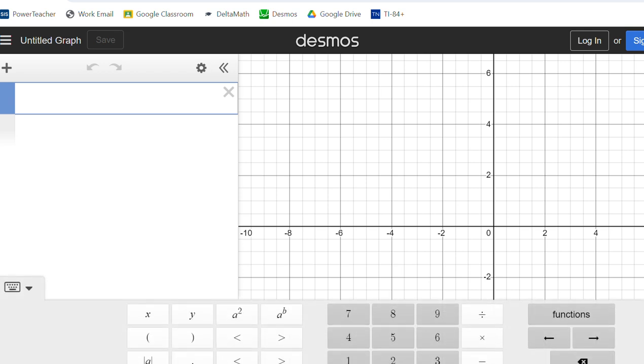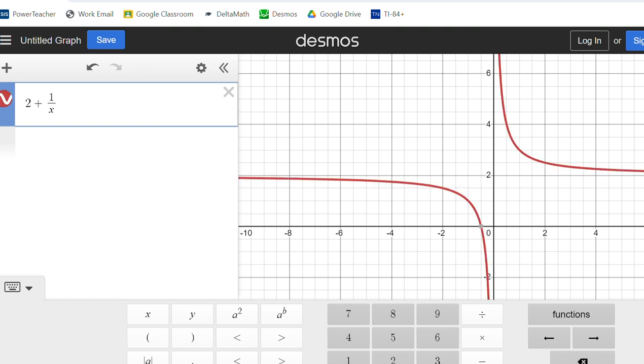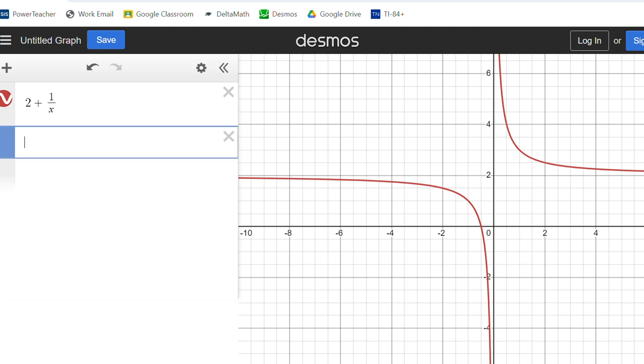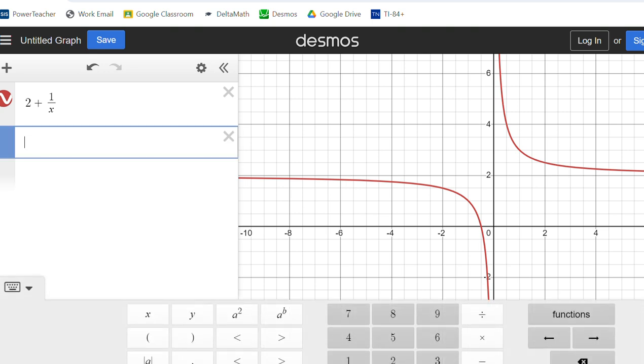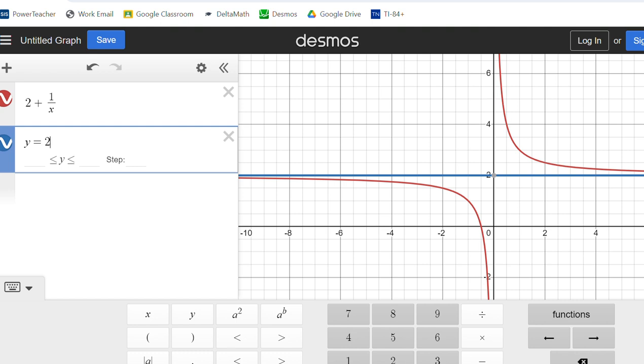And if we put in 2 plus 1 over x, we should see that this function is going towards 2 as x goes towards infinity, right? I could even put in y equals 2 here.